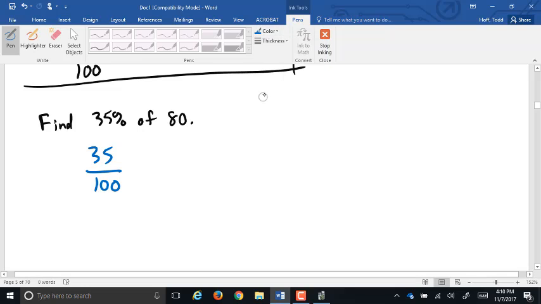Before we go any further, let's define what this 35 over 100 really stands for. The 100, as we mentioned before, think of it as 100%, is the whole thing. Or sometimes the starting amount.